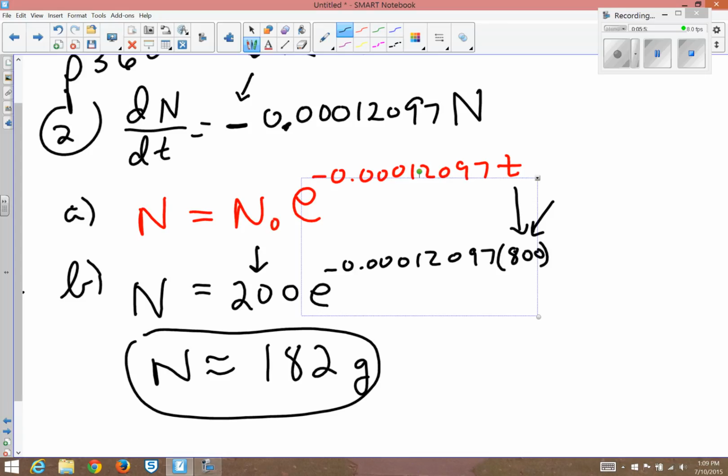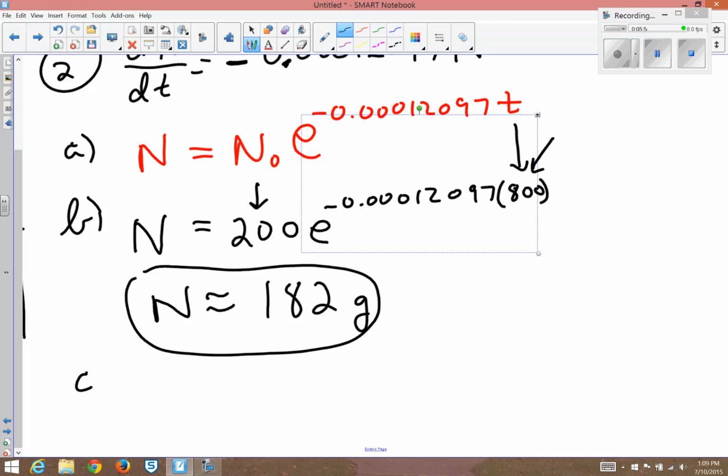Part C, after how many years will half of the 200 grams of carbon-14 remain? After how many years means find t. So initially there's 200 grams. Half of that would be 100. So we're going to replace this N with 100.